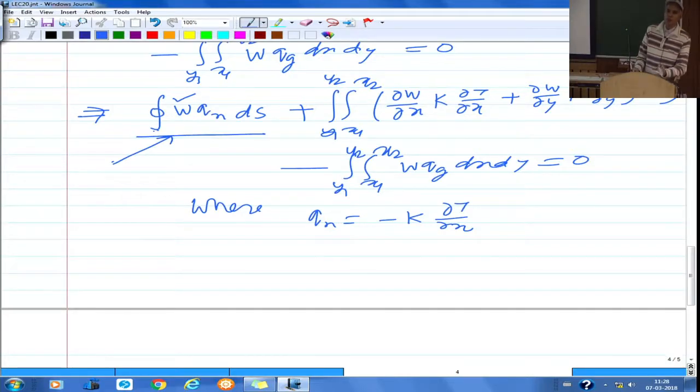So the primary variable is only t, and it must be continuous across the element boundaries, as we said, and should be the degrees of freedom at the nodes. Corresponding to this we have qn, the heat flux along the outward normal to the boundary, and that becomes your secondary variable.